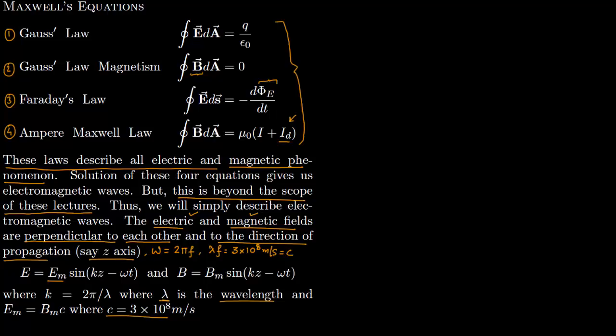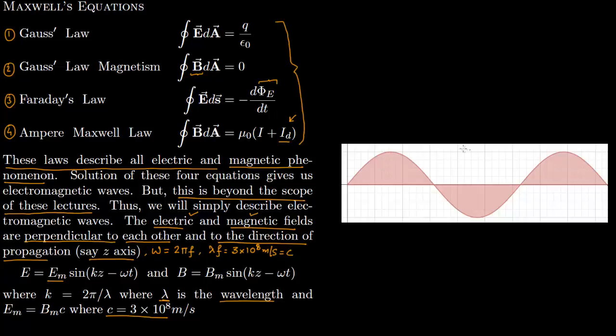So let us see this more visually. Say this is the electric field E. This is the maximum value. So the direction of the electric field is like this because this is where the maximum value occurs. The direction of propagation is the z-axis.